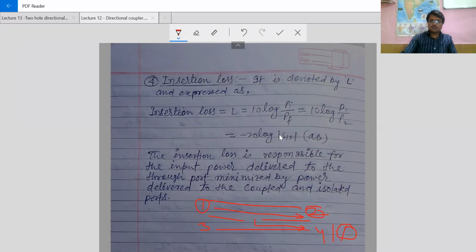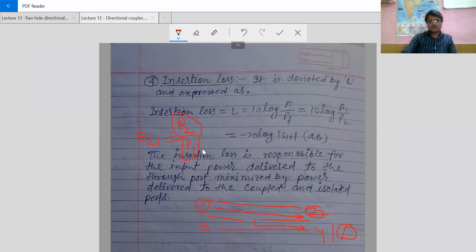Again, it may also be written in terms of the S parameter. So what is S21? S21 is nothing but P2 upon P1.